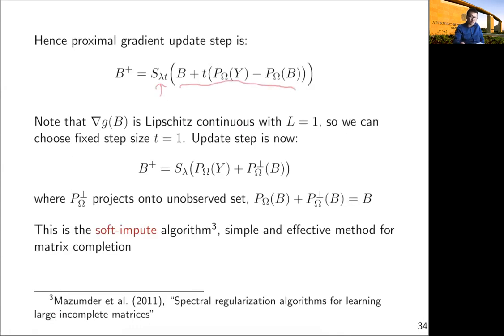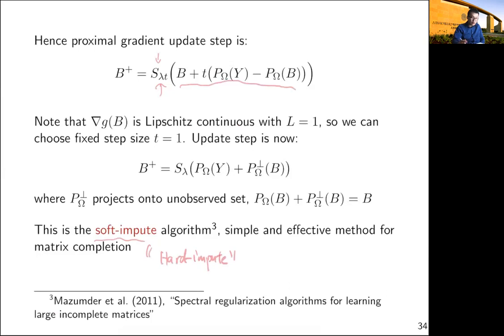That gives us the update. When this iterative approach was first proposed, it was called the soft impute algorithm, in contrast to the hard impute algorithm that replaces the soft thresholding with a hard thresholding that projects to satisfy an exact rank constraint, or gets rid of everything that has singular values larger than lambda. That's the corresponding hard impute algorithm.